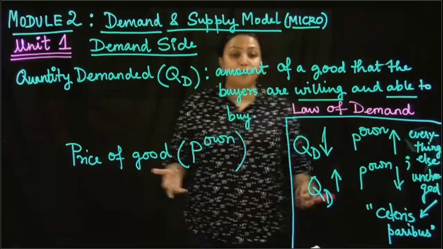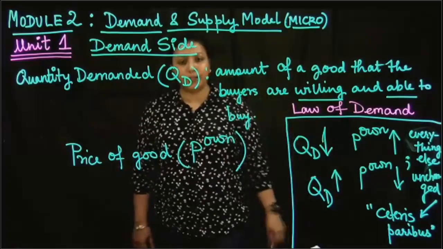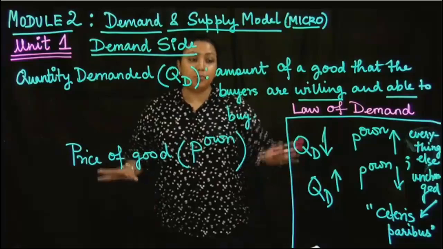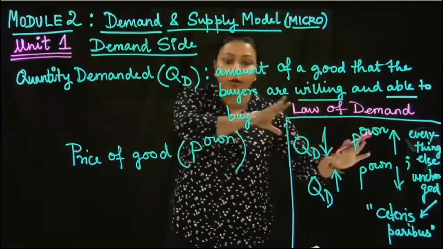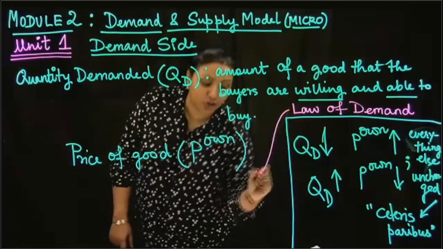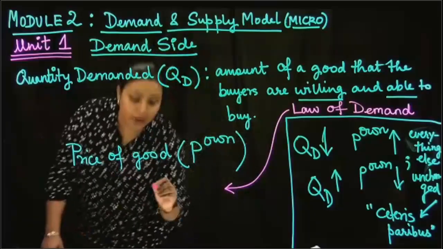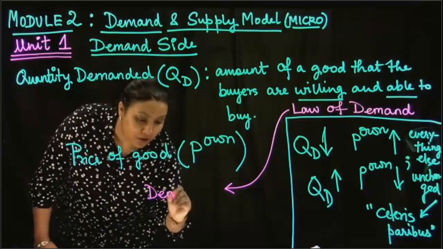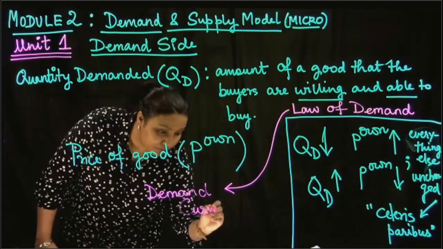Now if we wanted to plot this law of demand for an individual, the real relationship between price and quantity demanded for a commodity in a two-dimensional graph, then we would get the demand curve or the demand schedule.